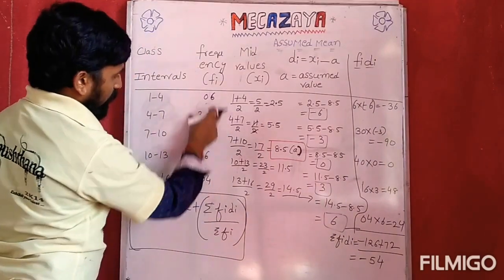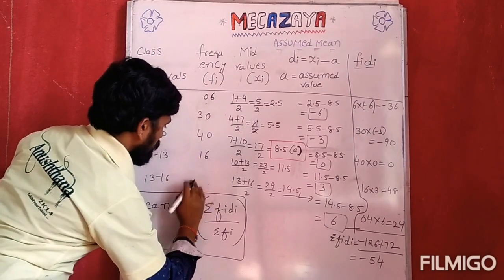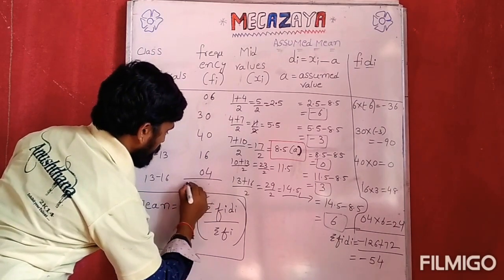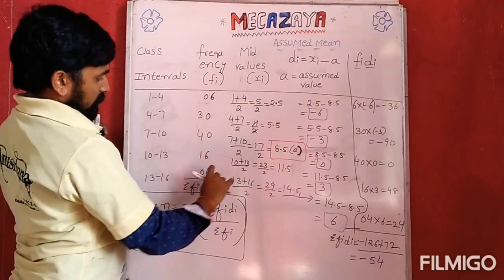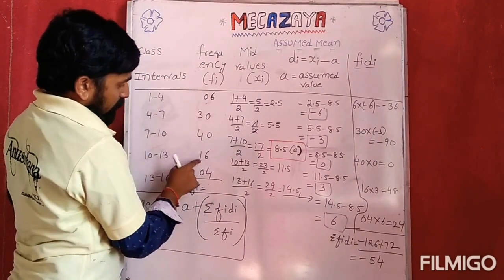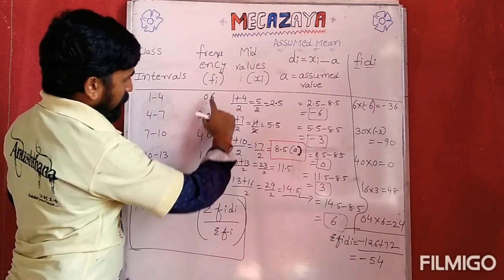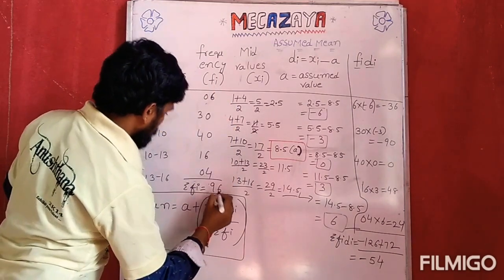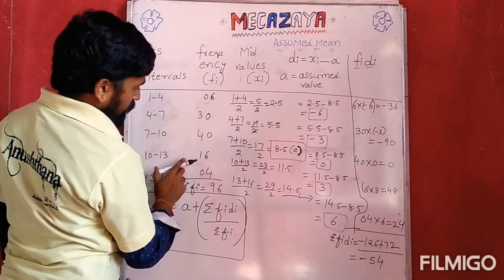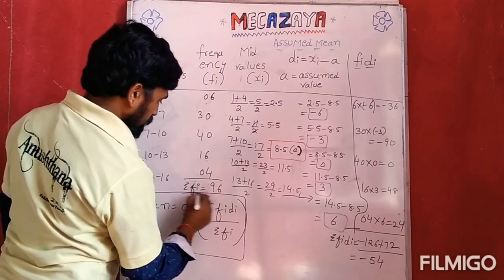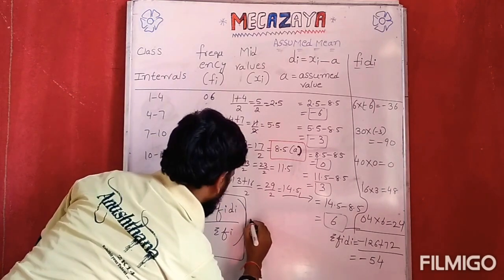This is called sigma fi, as already told. What is sigma fi? It equals 6, 36, 76, 92, 96.